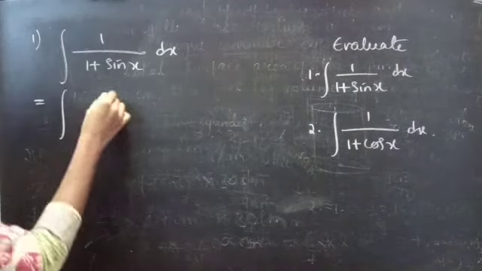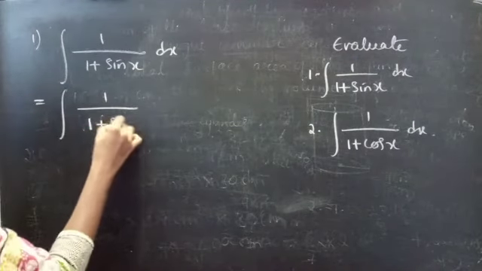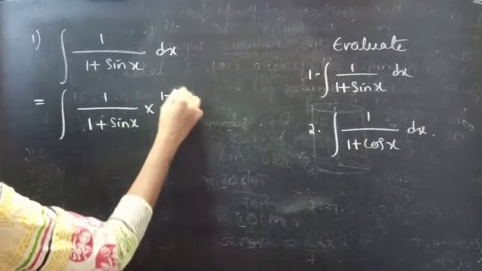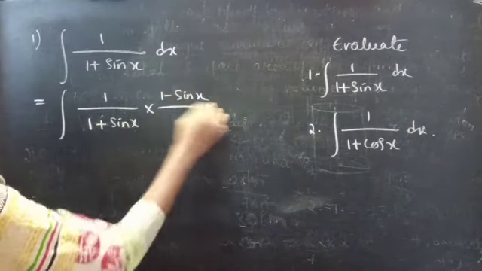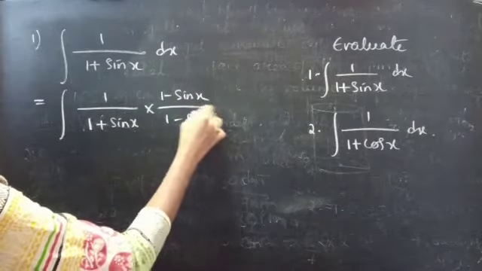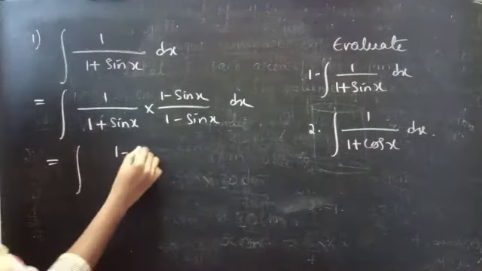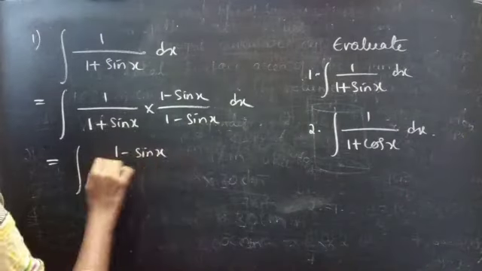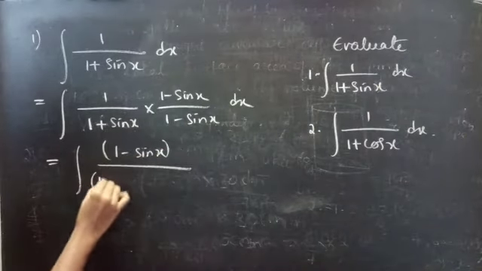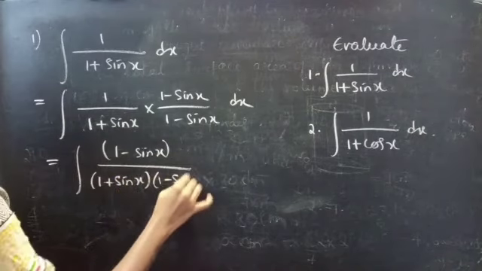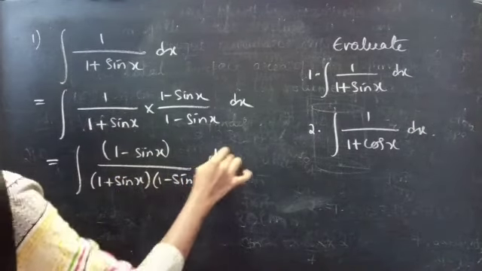So here we are going to rationalize the denominator. For that we are going to multiply and divide with 1 minus sin x. So this equals integral of 1 minus sin x by 1 plus sin x into 1 minus sin x dx.